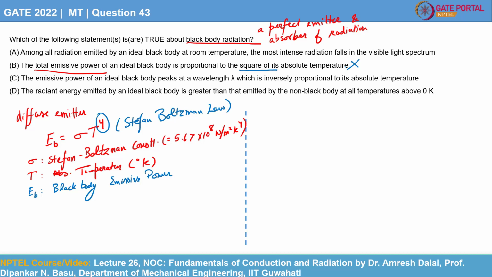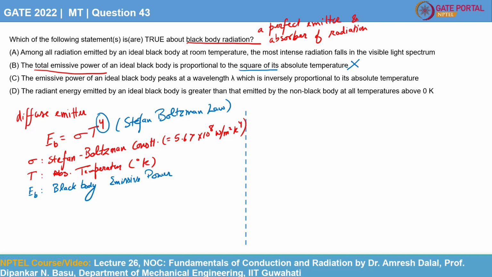For example, if we are interested in the amount of radiation a light bulb emits in the visible wavelength spectrum, then we use the term spectral black body emissive power.